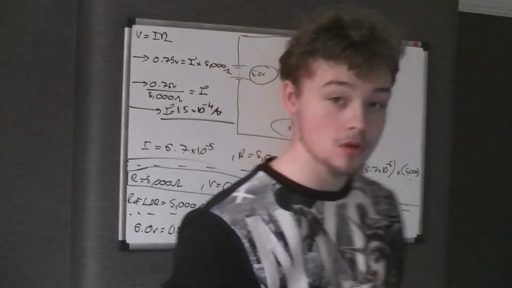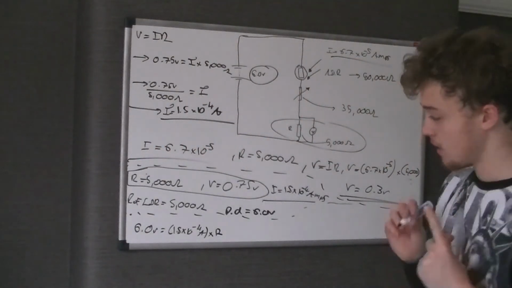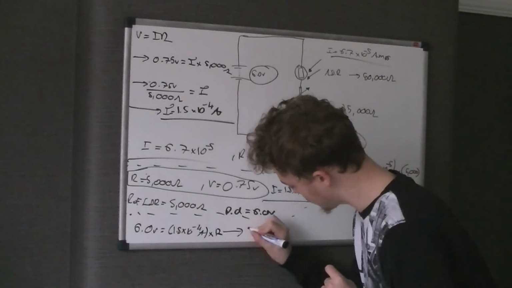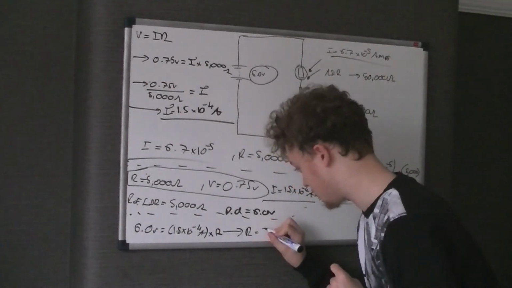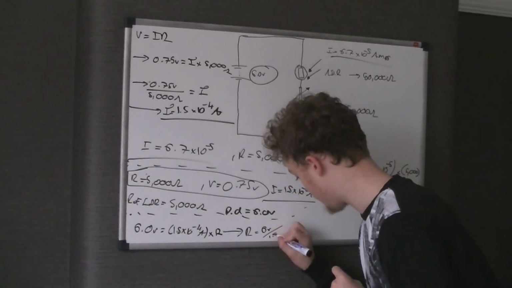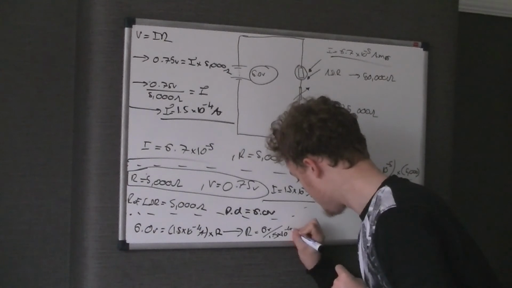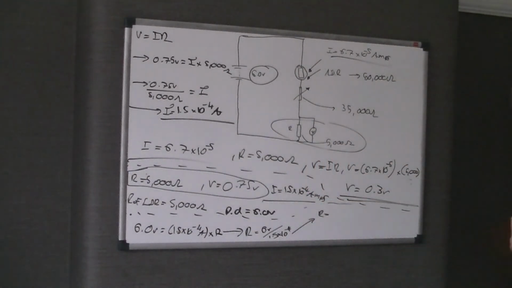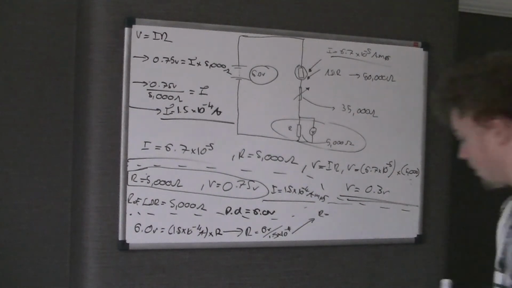This is the total resistance of the circuit, not the fixed resistance of R, because we know that's 5,000. So we rearrange to get what R is. R is 6 volts over 1.5 times 10 to the minus 4. This should be a big number because it's the resistance of the whole circuit, so just sub that in your calculator. It's 6 over 1.5 times 10 to the minus 4. That gets us 40,000 ohms.